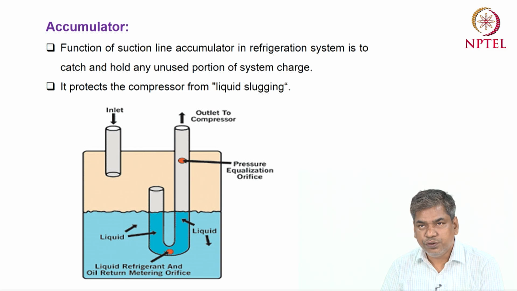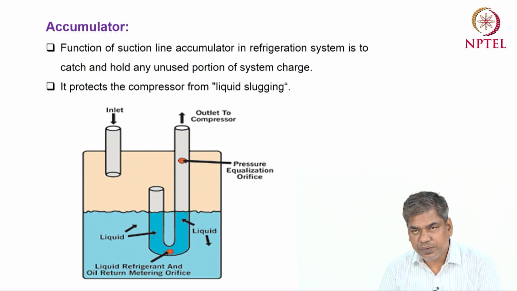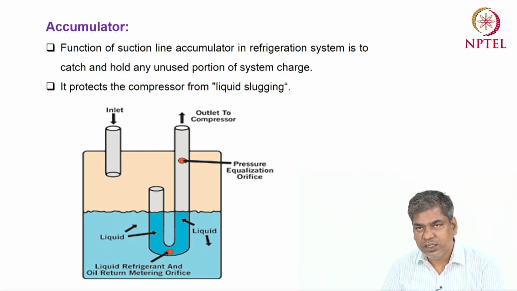The outlet of the evaporator is connected to this, and the refrigerant comes into this chamber. From this chamber we make the arrangement so that only the vapor from the accumulator goes to the compressor.